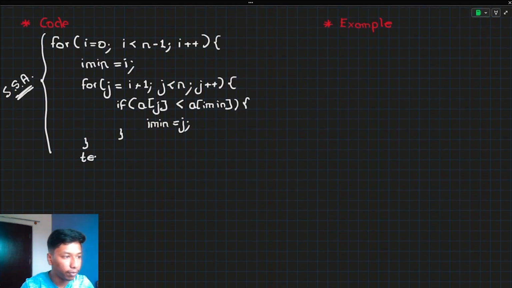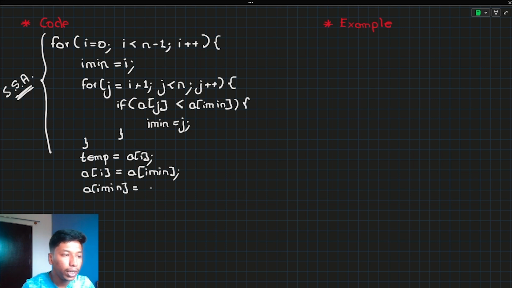The temporary variable will store the value which is in a of I. Now we'll change the value in a of I to the value of the most minimum element. Then in the position of the most minimum element, we'll put the value which was in the temp variable.